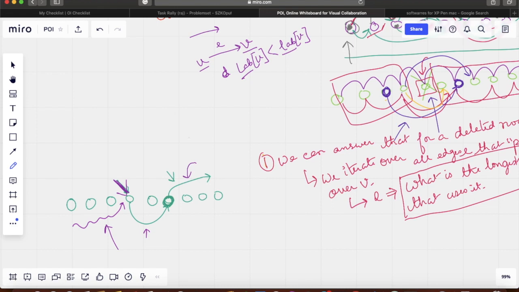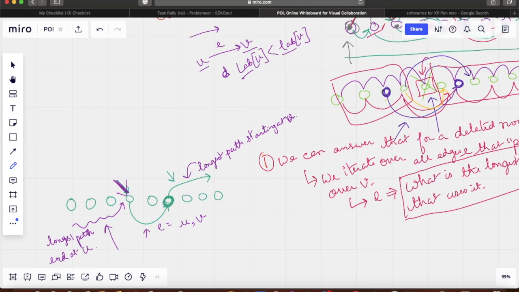So this is the longest path starting at, or rather let's say starting at V, because this is the edge U comma V, and this is the longest path ending at U.